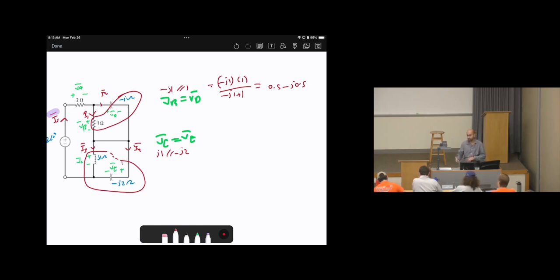If it takes more than 30 seconds, then you need to improve your ability in how to use the calculator. Then the other thing, which is j1 parallel with negative j2, equals j1 times negative j2 over j1 plus negative j2. This one also you need to do as fast as you can. We don't want to spend a lot of time on just this product or this simplification.